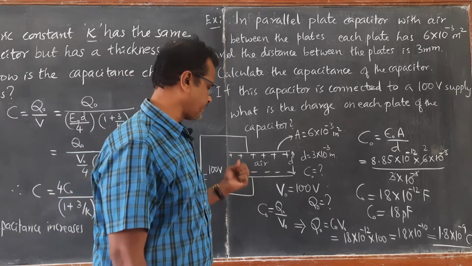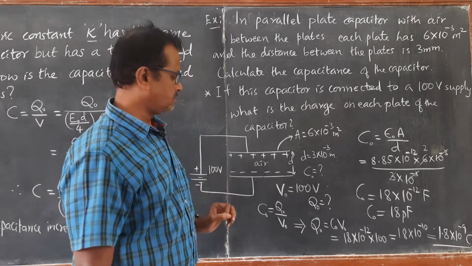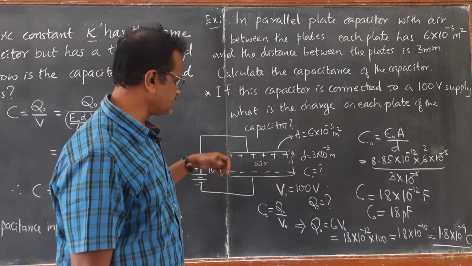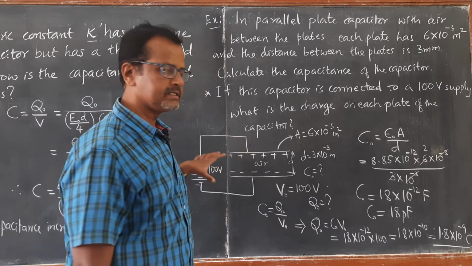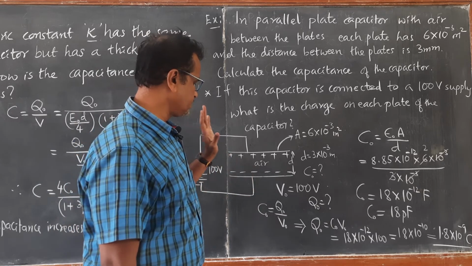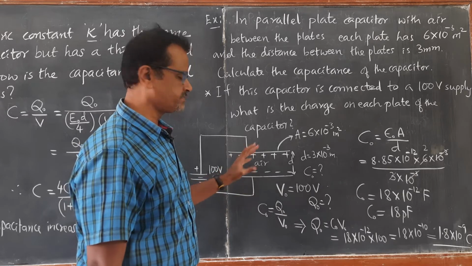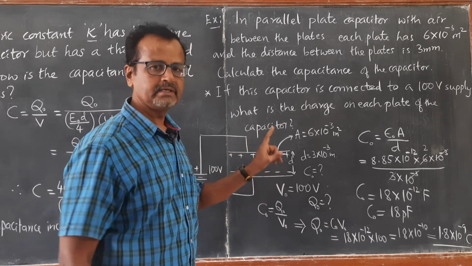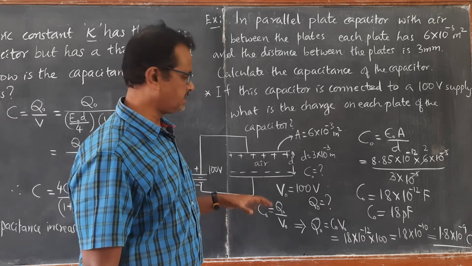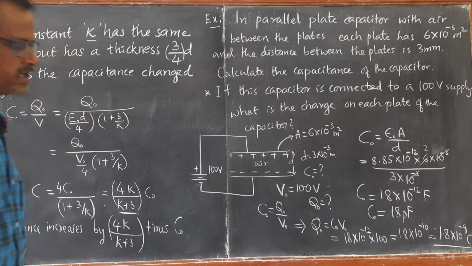What will be the value of capacitance when it is still connected with the 100 volt battery? That is the first part. Second part: if this charging is completed and the 100 volt battery is taken out, then what is the value of the voltage of the capacitor filled with dielectric, what is the value of the new capacitance, and what is the value of charge? This is the second part. Let us solve the second part also.